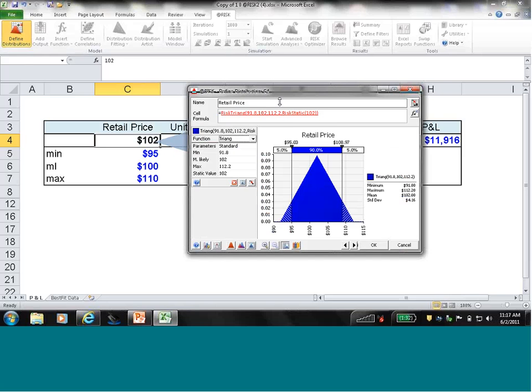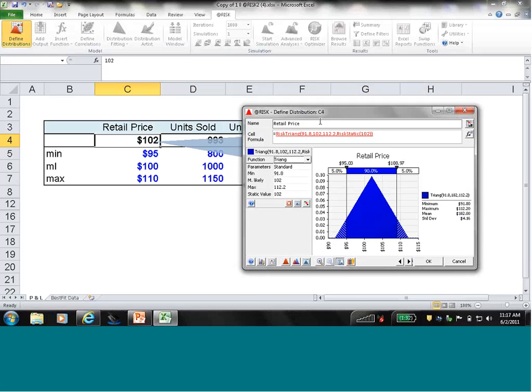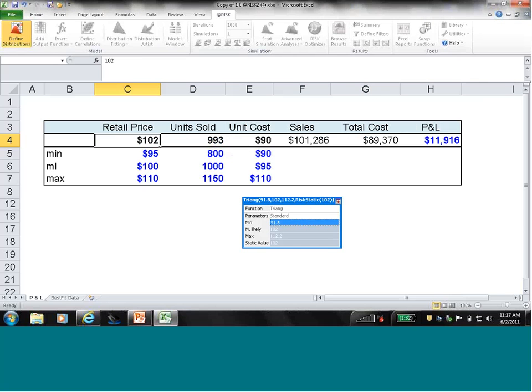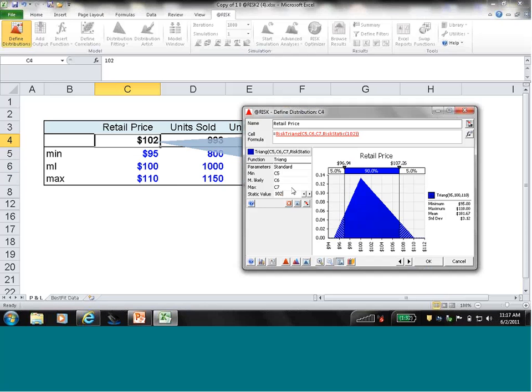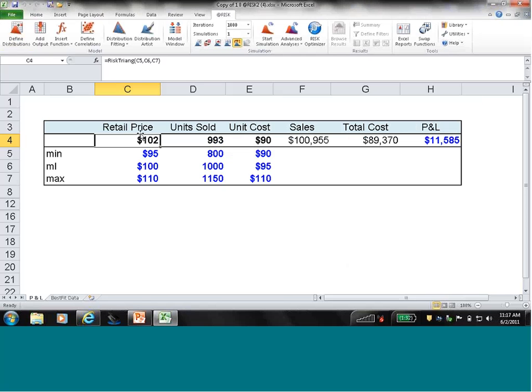And the nice thing about risk is that we can use cell referencing. So if we click on this little box here, we can just select our minimum, our most likely, and our maximum. We don't need this static value here, it just automatically populates. And now if we click OK, we have a triangular distribution embedded in that cell.